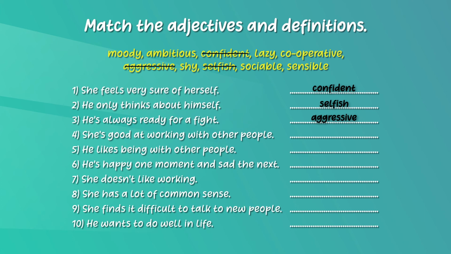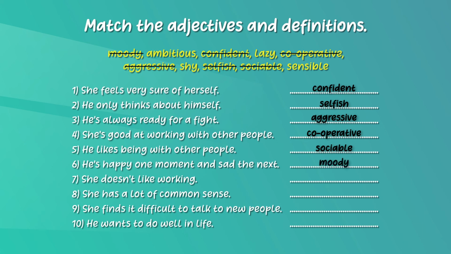Or what is that quality? Cooperative. Yes. Then fifth one, he likes being with other people. That is sociable. Sixth one, he is happy one moment and sad the next. Yes, the matching adjective giving that particular quality is moody.